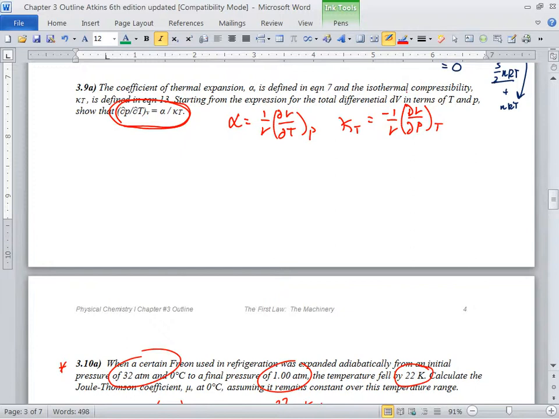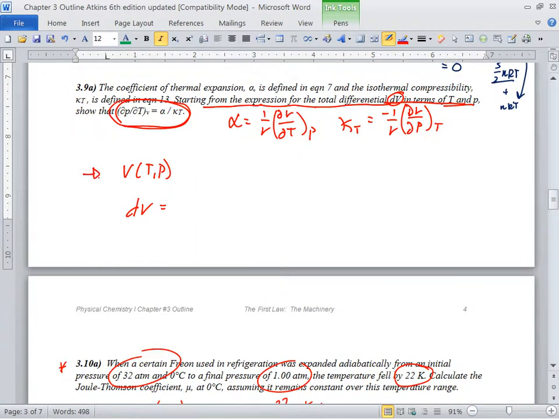But start here. They're saying that v is a function of t and p. So Melissa, how would I write dv then? The total derivative. Because that's what they said: starting from the expression for the total differential of dv in terms of t and p. V is a function of t and p.